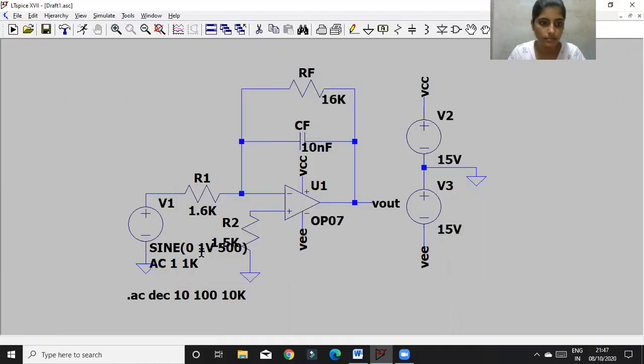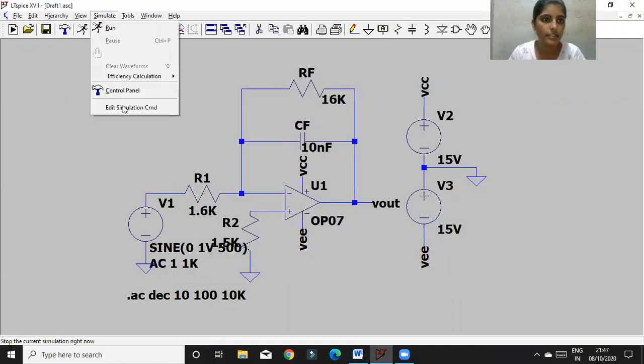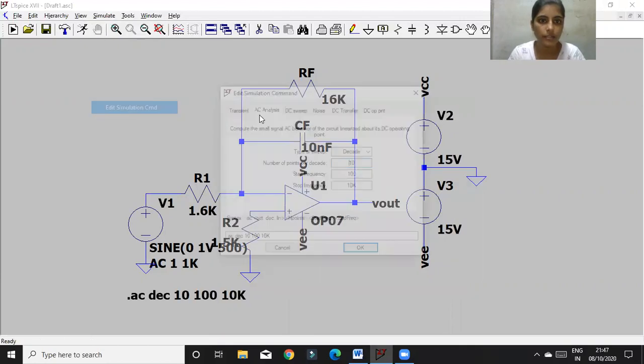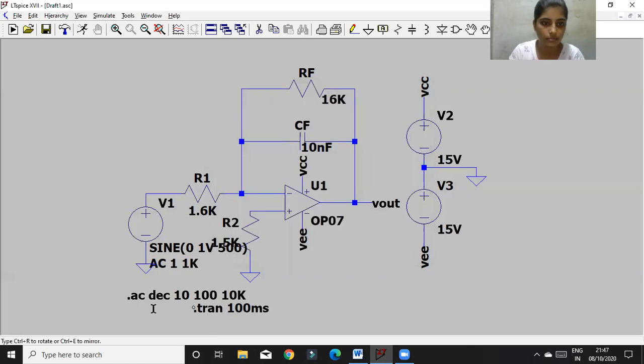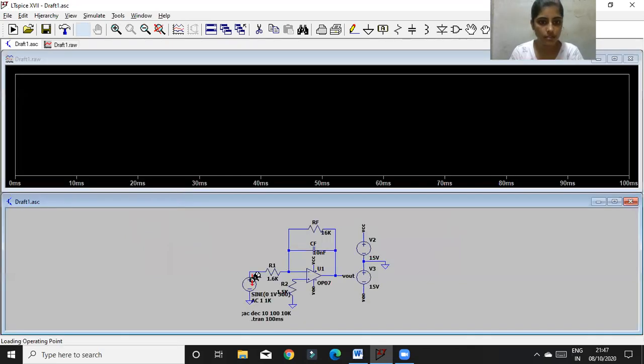I added the simulation command where my transient stop time is, let's say, 100 ms, and I run my simulation.